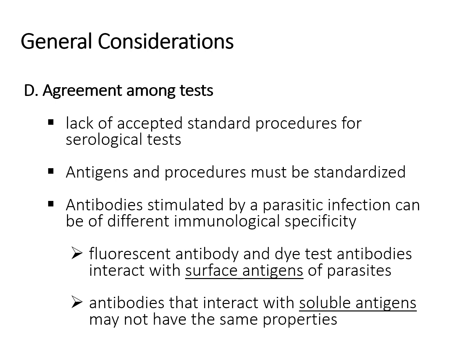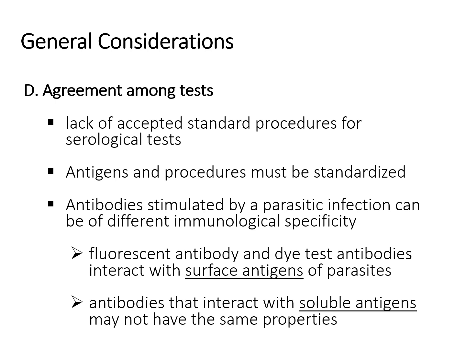Antibodies stimulated by the parasite can have different immunological specificity. For example, in the fluorescent antibody and dye test, antibodies may interact with the surface antigen of the parasites. But for other tests, the antibodies may interact with soluble antigens, which may not have the same properties compared to the surface antigen. That's why they may give different results.